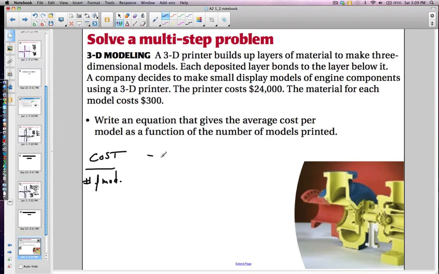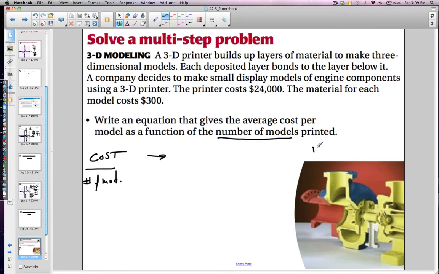So when I do cost, I have to pay $24,000 for the printer, and each model costs me $300. So what's going to change here, my variable is going to be how many models, right? The number of models.